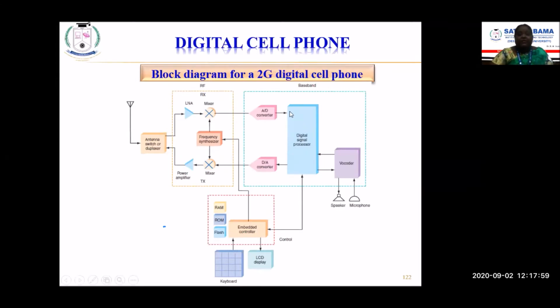So it will be converted to a digital signal, and whatever processing we need to perform will be done with the help of the DSP processor. And before transmission, we need to convert the digital signals into analog signals, and that will be transmitted via the antenna here. So we are going to transmit the signals in the form of voice signals here. In these 2G cellular telephones, we didn't have many features for transmitting data.